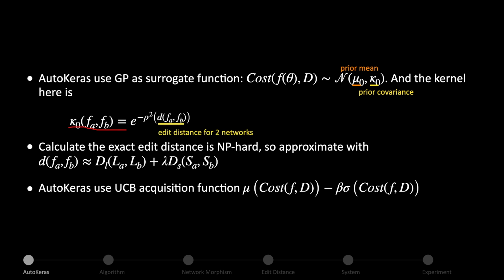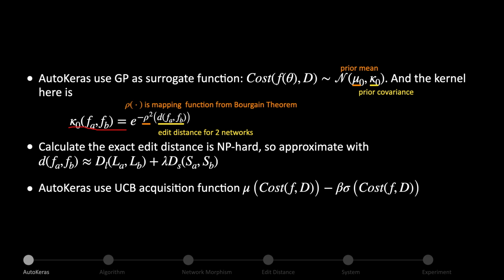The distance d of FA, FB is the edit distance between the two networks. The rho here is a mapping function from Bourgain's theorem, which is used to map a metric space to an L2 space with distortion of order log n. This ensures that the kernel is positive definite and valid.